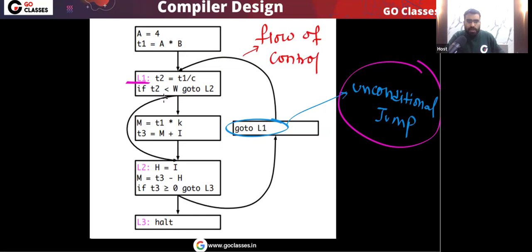Now look at this edge. This is a conditional jump. There is a condition here: if T2 is less than W, and this condition is satisfied, then we will jump to L2. Depending on whether the condition is satisfied or not, you will execute the next instruction.